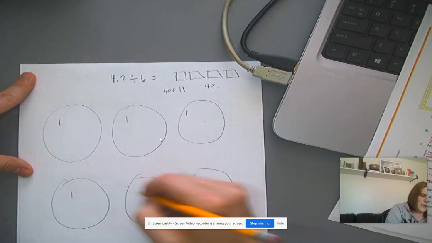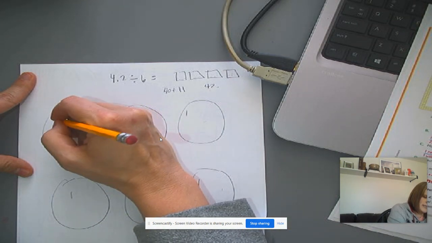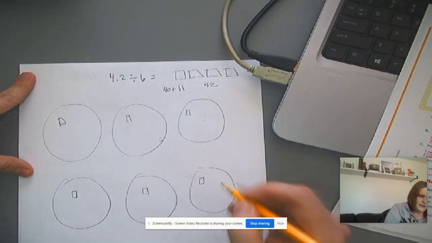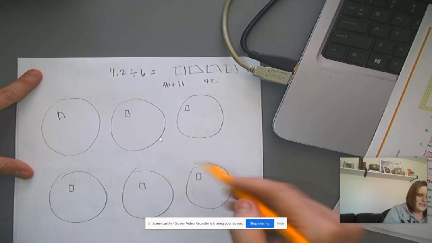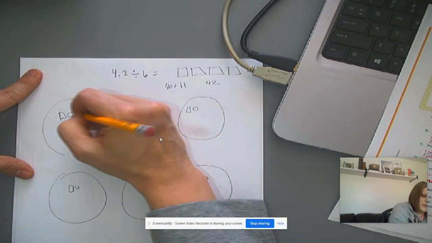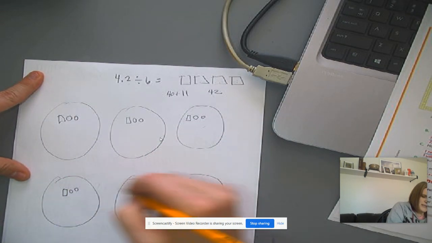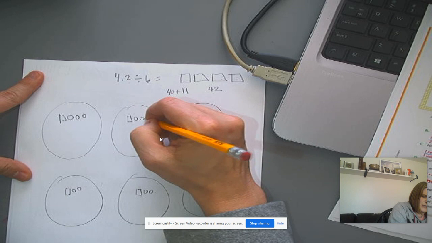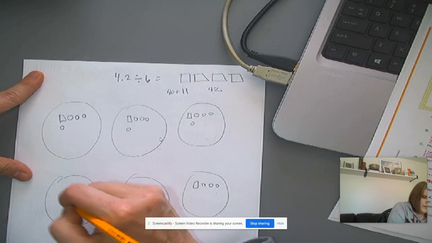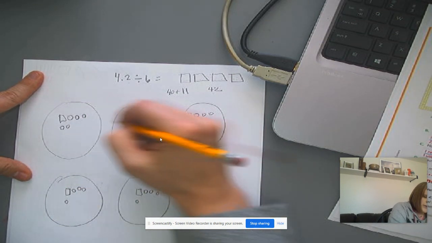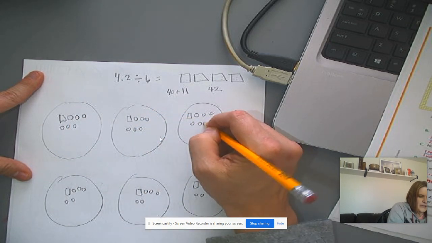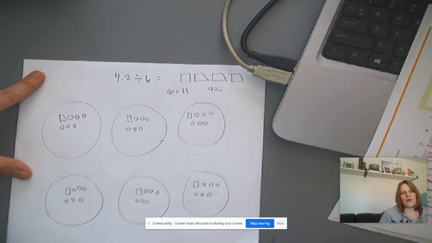1, 2, 3, 4, 5, 6. Pretend those are little squares. And I think I'll do circles because circles are easier to draw quickly. Okay, so I've got 6, 7, 8, 9, 10, and so on up to 42.